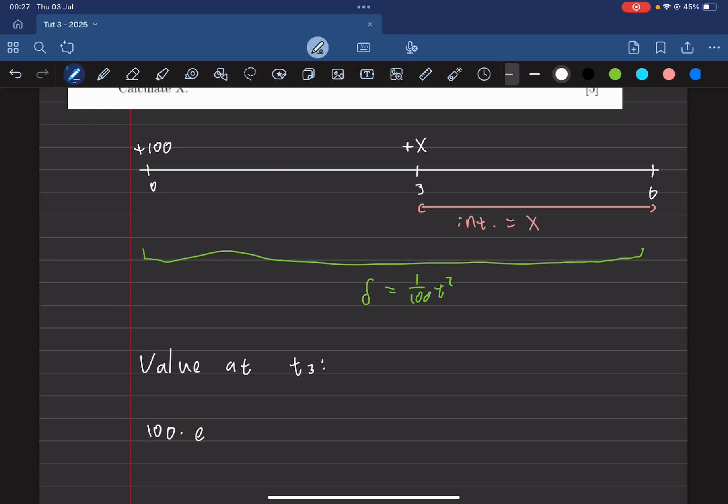We're going to move the 100 forward. So it's the integral, positive because positive moves it forward, from 0 to 3 of 1 over 100 t squared dt.